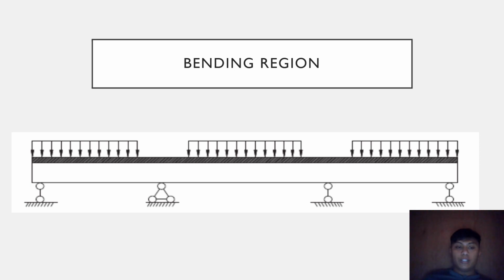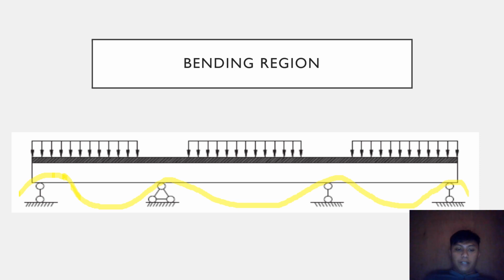If we draw that, since we have a support here, it will create negative bending. And since this part here is subjected to loading, it will sag, creating positive bending. Same goes here, here, and here.